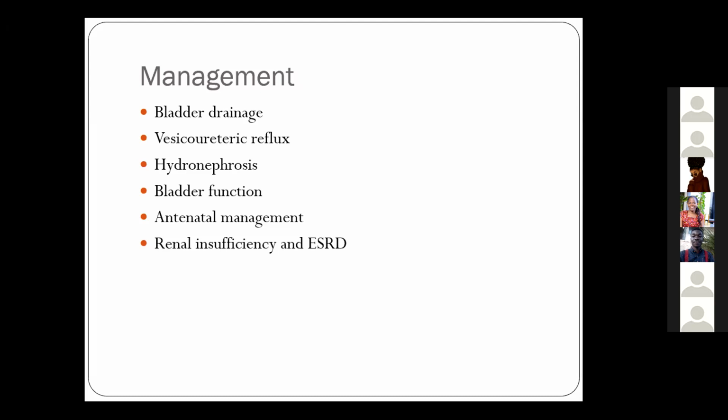For bladders that are hyperactive, you may give anticholinergics, and they may help. For those bladders that have issues with contracting, you may have to advise the patient to do timed micturition, or even intermittent clean self-catheterization may be an option.